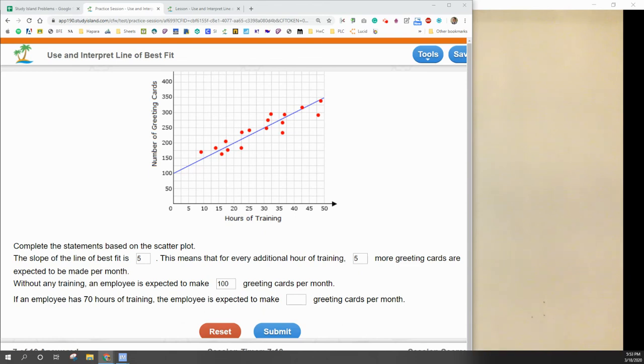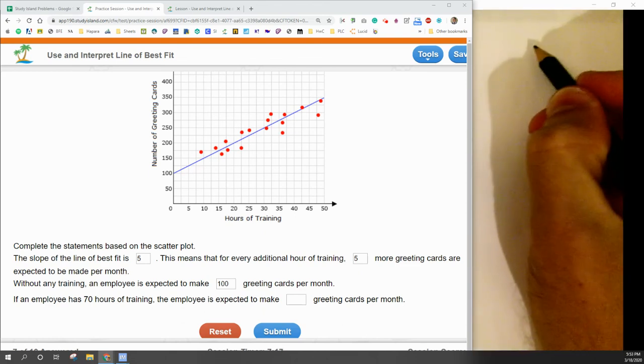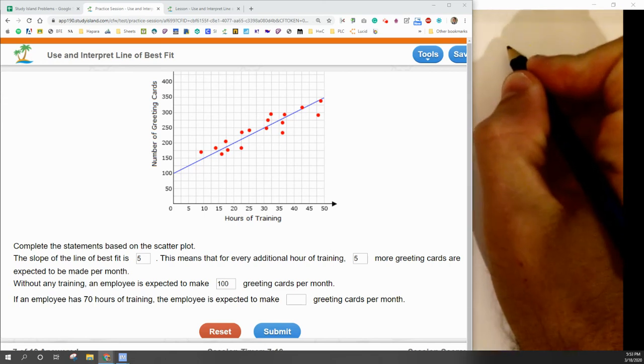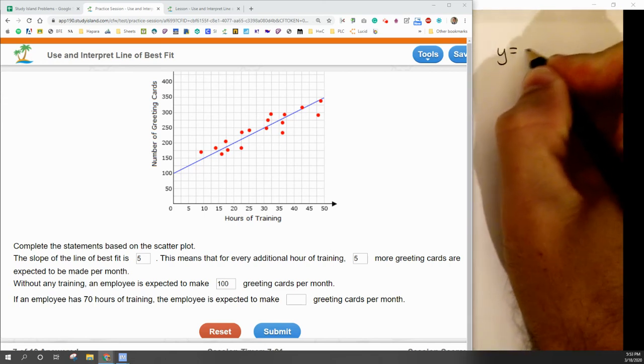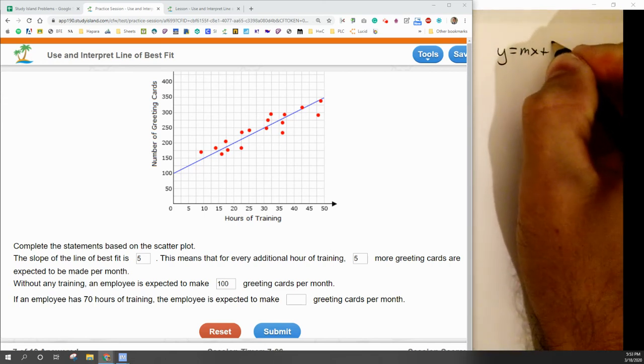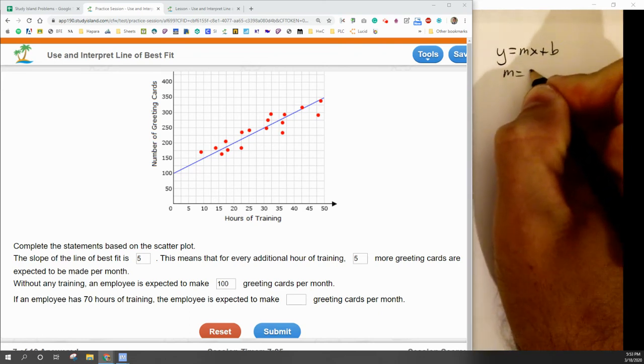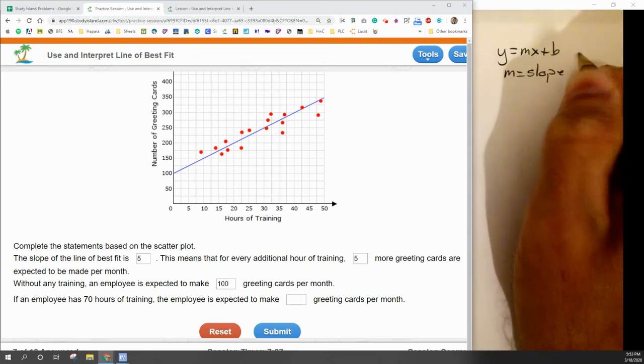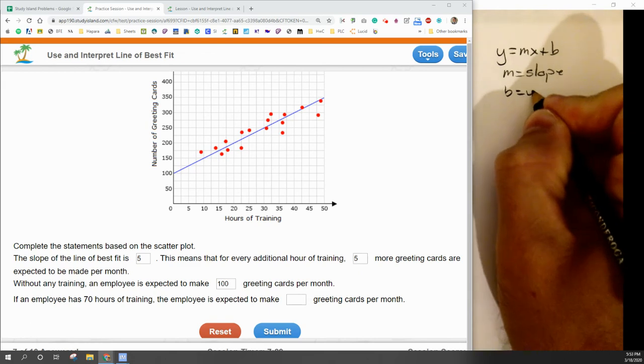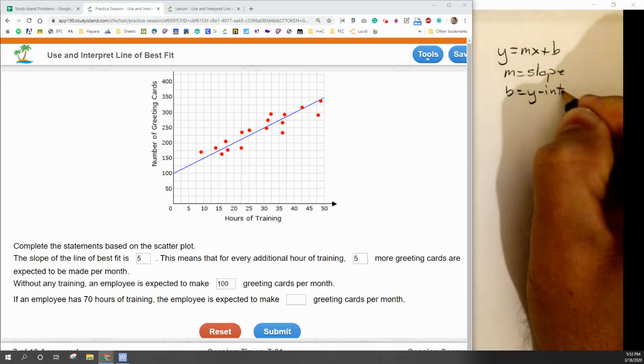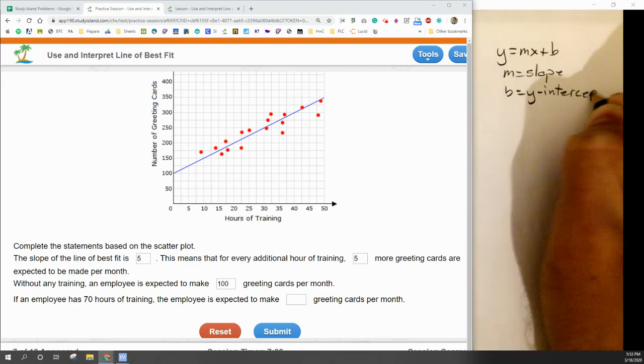Writing an equation for this line is easy because we just identified the slope and the y-intercept. All we have to do is remember that every line can be modeled with y equals m times x plus b, where m is the slope and b is the y-intercept. Once we have the slope and y-intercept, we can plug them into the formula and we have our equation.